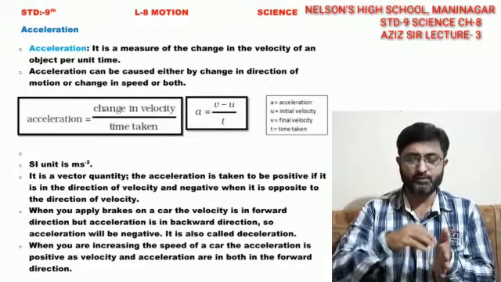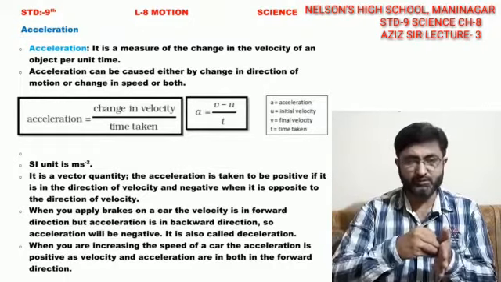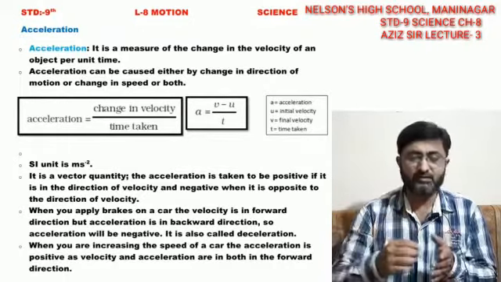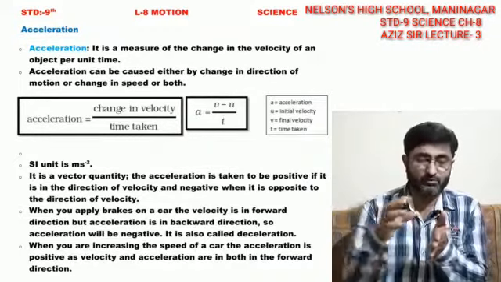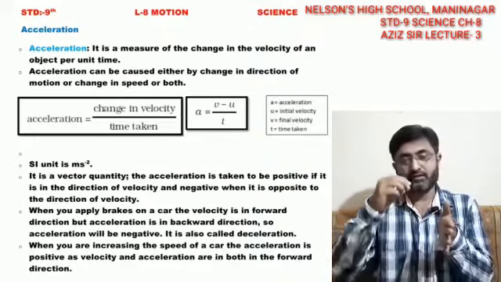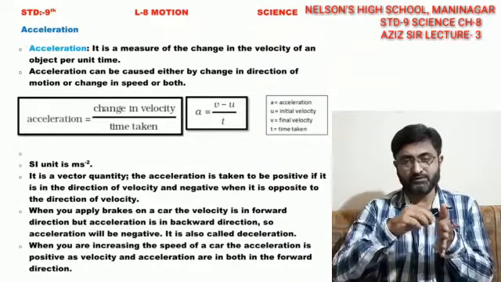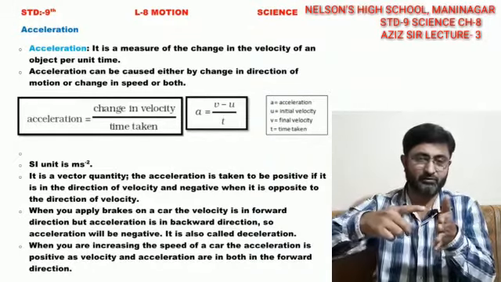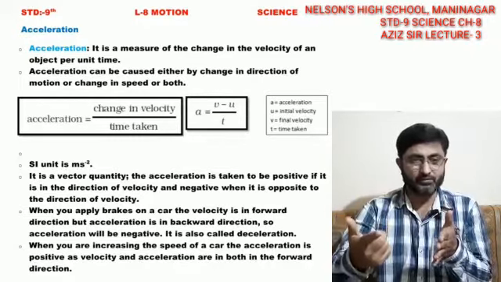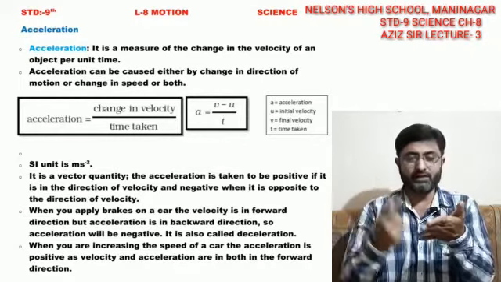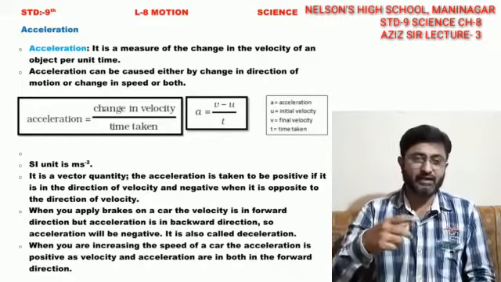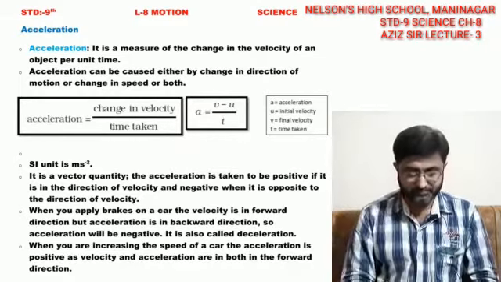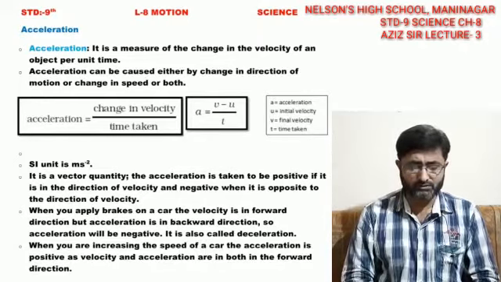Like 10 meters per second and 20 meters per second, suppose it took 2 seconds. Initially it was 10 meters per second, then the next measurement was 20 meters per second. So it is 20 minus 10 divided by 2. That means every second the change was 5 meters per second.